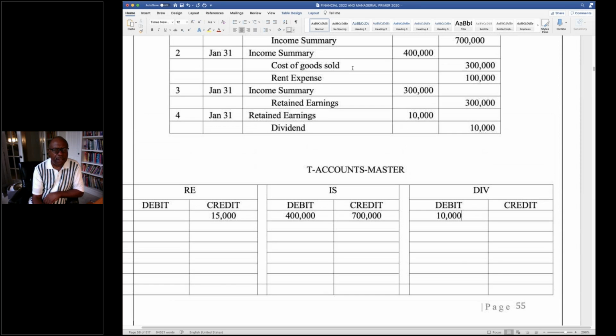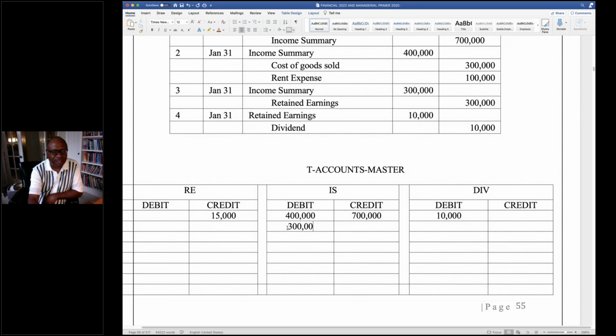Okay. Then in our third closing entry, we said the amount in the third closing entry was always what? Don't all speak at once. The amount in the third closing entry is always what? It's going to be the 300,000, I believe.